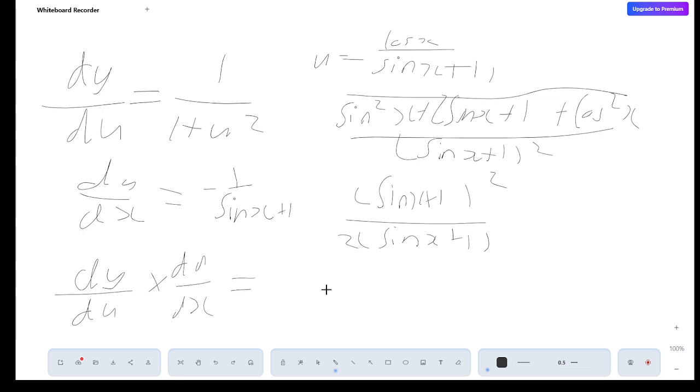It doesn't matter, because no one's going to look at your working out unless you're in an exam. dy/du times du/dx will just equal negative 1/2. So therefore, f prime of x will simply be negative 1/2. Graphing the derivative, y equals negative 1/2. Simple enough. Bam. This is the graph of the derivative. Simple enough. Alright.